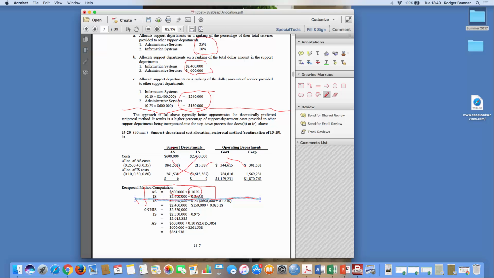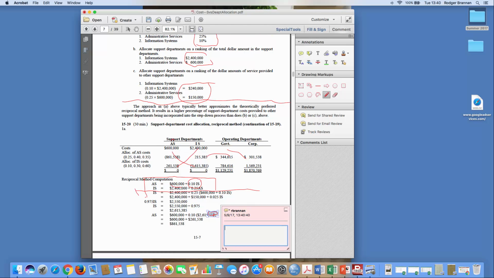Likewise, administrative services provides about 25% of its work for information services. So when I talk in terms of total cost for administrative services, I really should be talking in terms of this total cost of $2.4 million plus the 25% of the cost there.